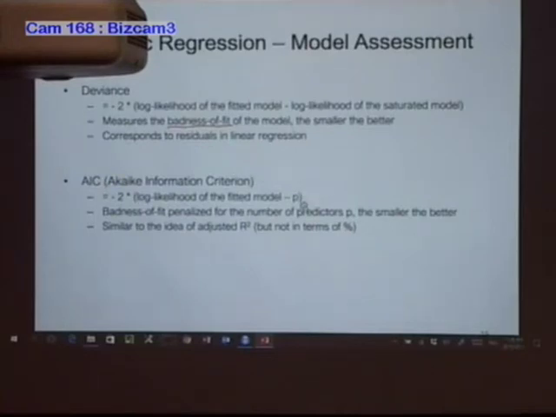But then it has the P, just like adjusted R-square. We put the number of predictors into this picture. There's no particular meaning. You just say, I need to take the number of predictors into account, so I just put a P there. Yeah? And it turns out to be working well. So everybody's using that. Right? But at the end of the day, it's also a badness of fit, so it's an error.